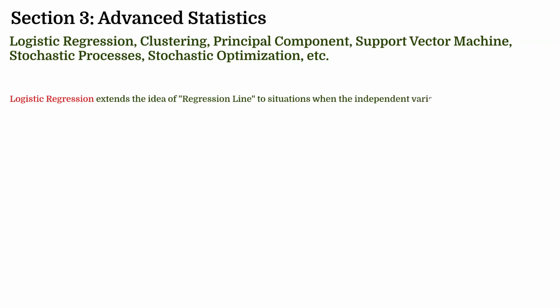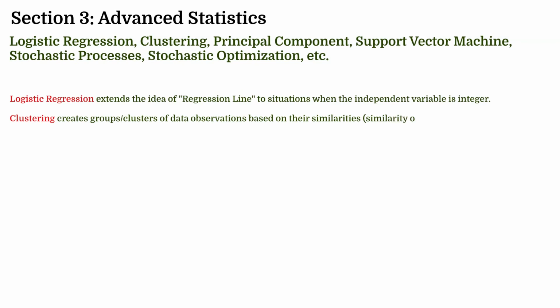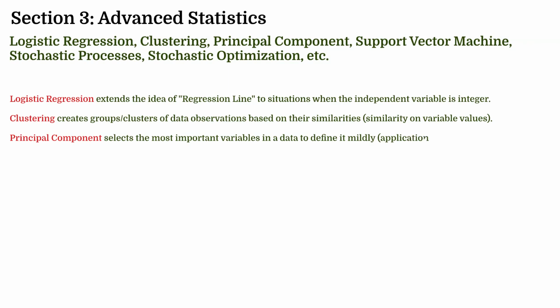Clustering creates groups or clusters of the data observations based on their similarity on variable values. Principal component selects the most important variables in the data to define it mildly. Application is in clustering data. Support vector machine provides a hyperplane to separate data based on observations and not variables.